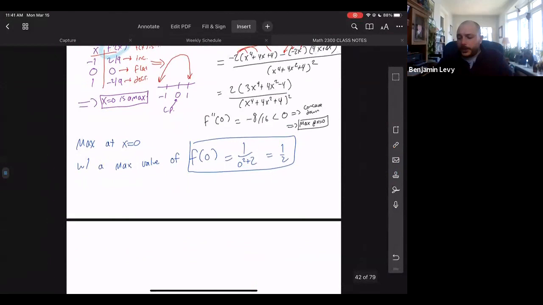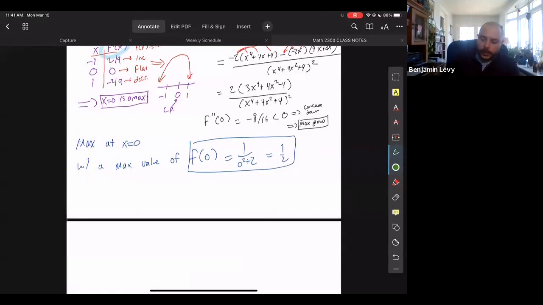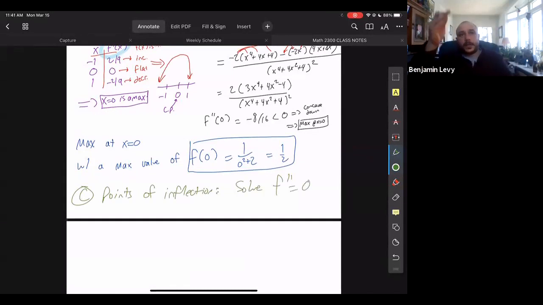So points of inflection happen wherever the second derivative is 0. That's the last thing I was going to look at. So part C, for points of inflection, you just solve the second derivative equal to 0. We have the second derivative right above there, and we know we just need the numerator to be 0, right?